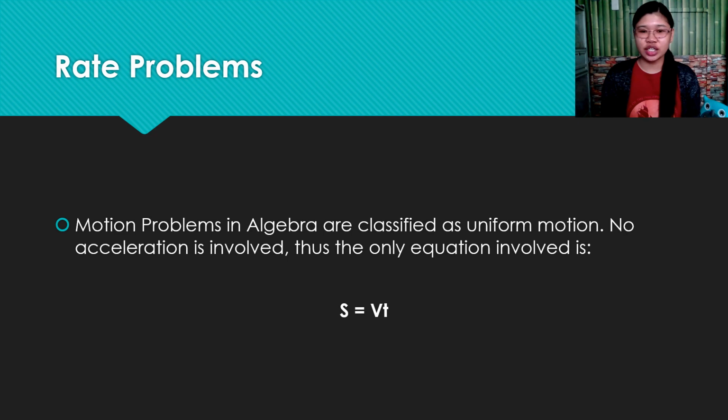Usually no acceleration is involved. Thus, the only equation involved is S is equal to Vt, wherein the distance is the letter S. So it's okay if you use letter D, as other books are using the letter D. And then we have rate, which is V, or velocity, multiplied by the time T.